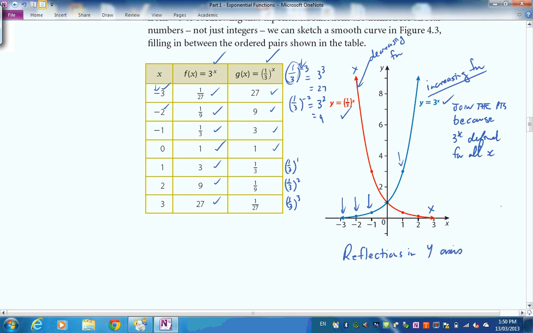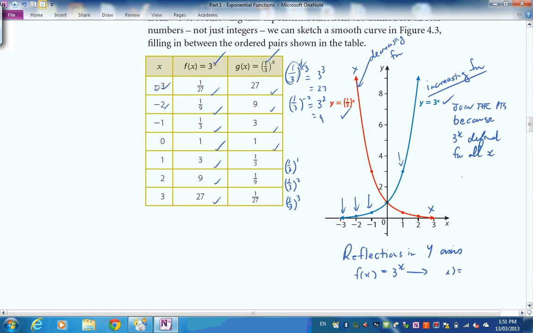Can we check that algebraically? Well, let's take 3 to the x, and if we were going to reflect it in the y-axis, remember its image function becomes, let's call it g of x, because it's the image function. g of x equals, what do you do to x if you're reflecting it in the y-axis?